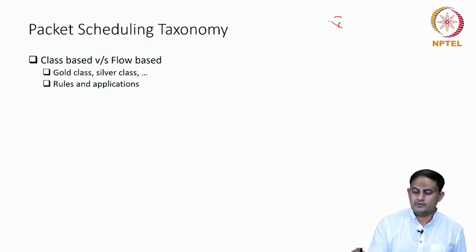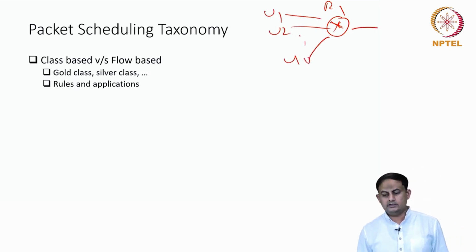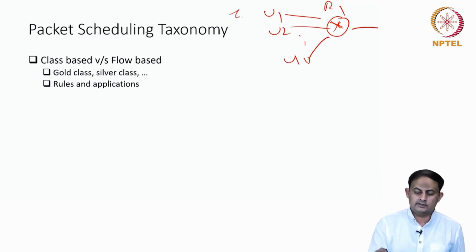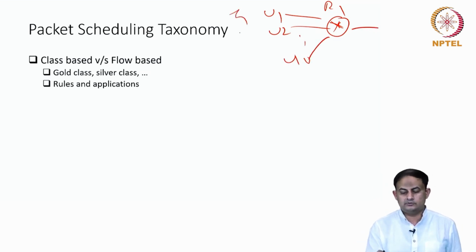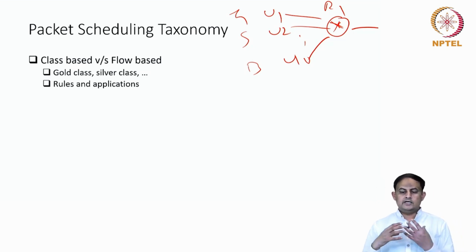So, let us go back to the previous diagram: router R1, and you have users U1, U2, and so on up to U10, and there is an exit link or outgoing link. I mark the user U1 as the gold class customer, user U2 as the silver class customer, user U10 as the bronze customer, and I am going to assign a priority.